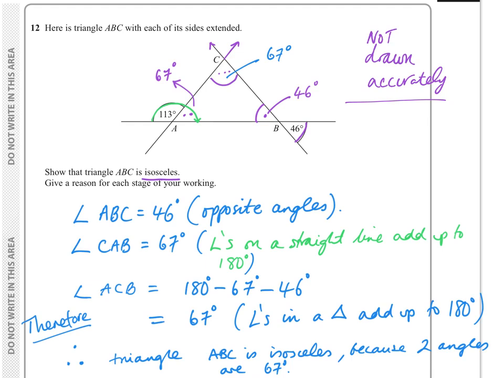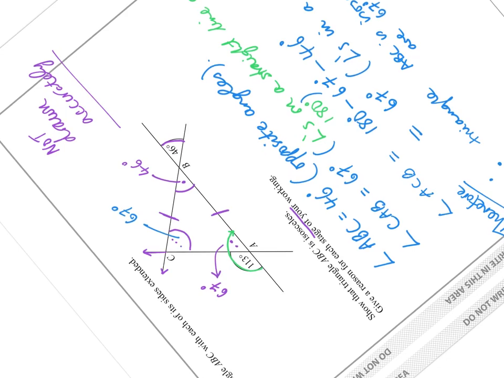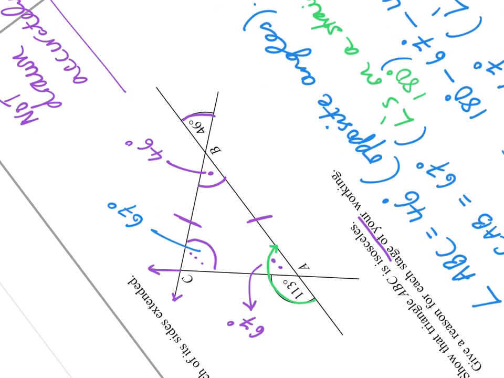Okay, so in that situation we should know that this length here will be the same as this length here, because if we turned the shape around, because they were 67 each, in real life the triangle would look more symmetrical.